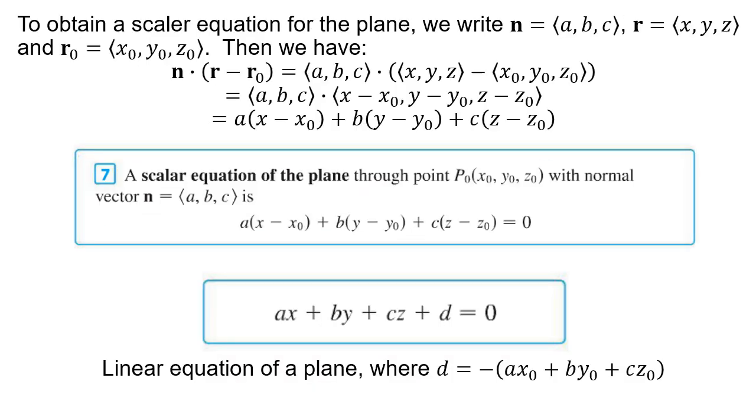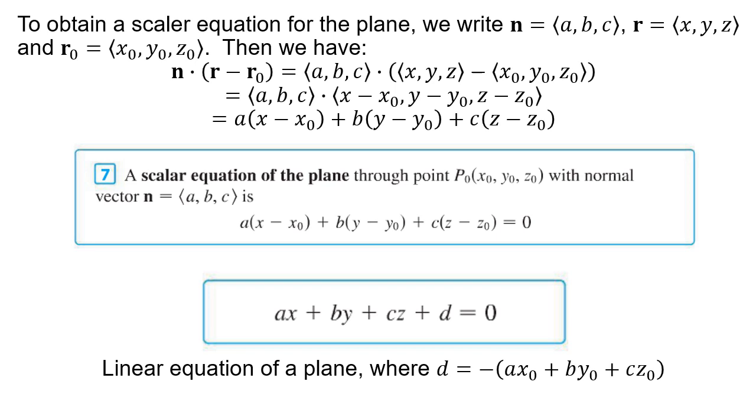So to obtain the scalar equation of a plane, we could take the n vector, the r vector, and the r naught vector, multiply them, do all the dot products, adding, subtracting, and all that sort of stuff. And we end up with this box 7 that says the scalar equation of the plane is a times x minus the x value, b from the normal vector times y minus the y value, and c from the normal vector times z minus z naught equals 0.